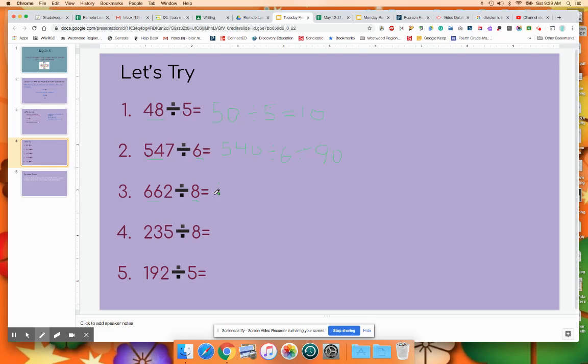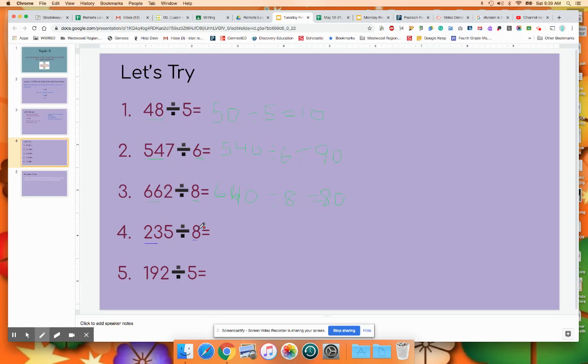So I'm going to rewrite this as 640 divided by 8. I know 64 divided by 8 gives me 8. So 640 divided by 8 is 80. And this green is probably awful to see. I'm sorry.